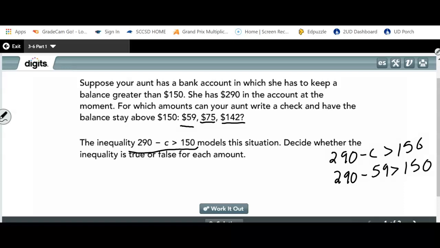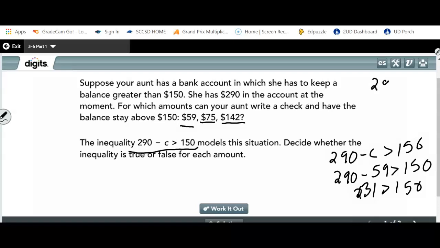What's 290 minus 59? 231. Is 231 greater than 150? Okay, true statement. Can I write a check for $59? Yes, absolutely.